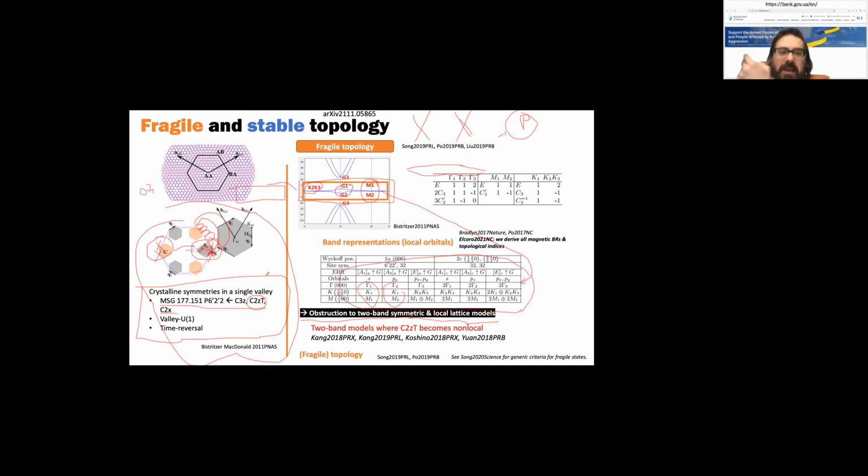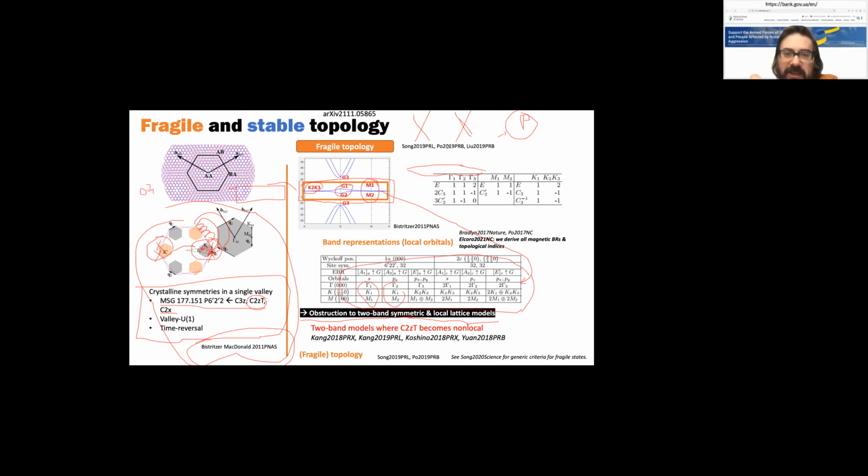It can be calculated immediately here, but it can be shown with particle-hole symmetry. Am I correct in saying that as long as there is particle-hole symmetry and U(1) valley symmetry, what you just told us is a general result? That's right.